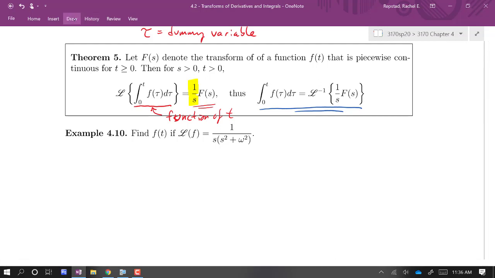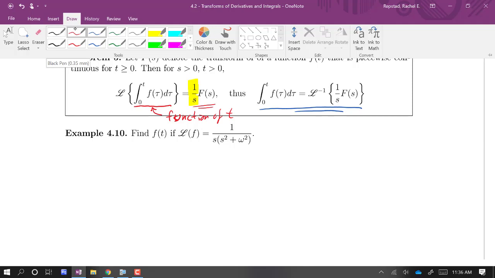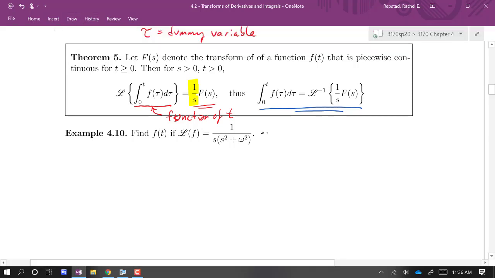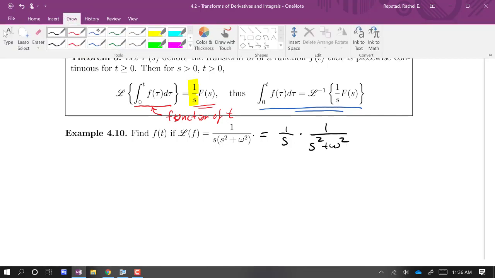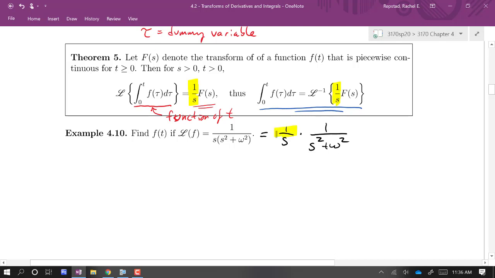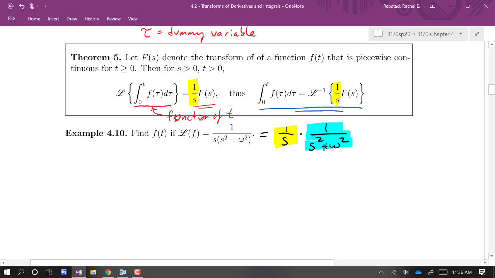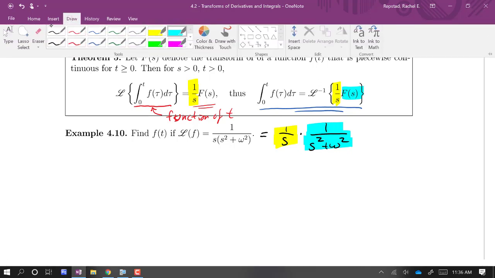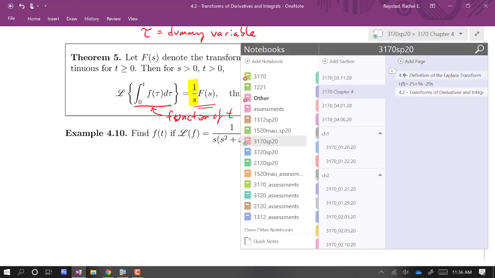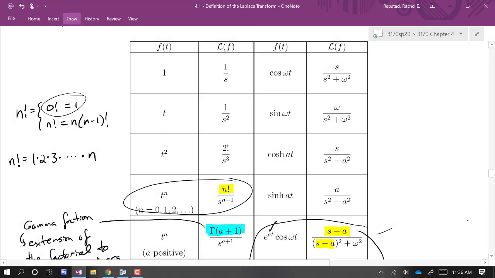So when we do this, we want to observe, first of all, that I'm going to segregate out this factor of 1 over s. This is 1 over s times 1 over s squared plus omega squared. So I want to segregate that out to say, okay, there's that factor. And so this 1 over s squared plus omega squared here, that is the transform of some function. I want to be able to recognize this as the transform of some function, and if we go back to the last section, it looks an awful lot like this formula here for sine omega t.